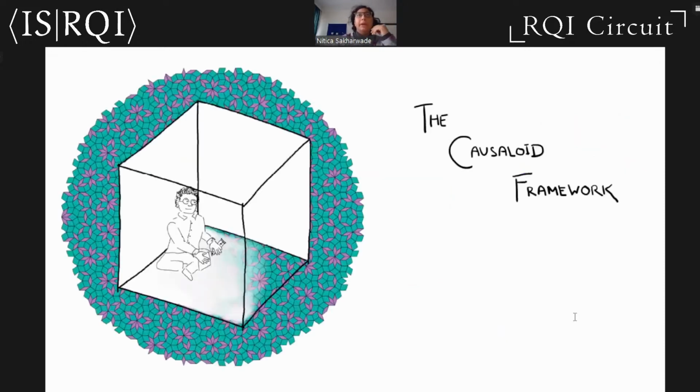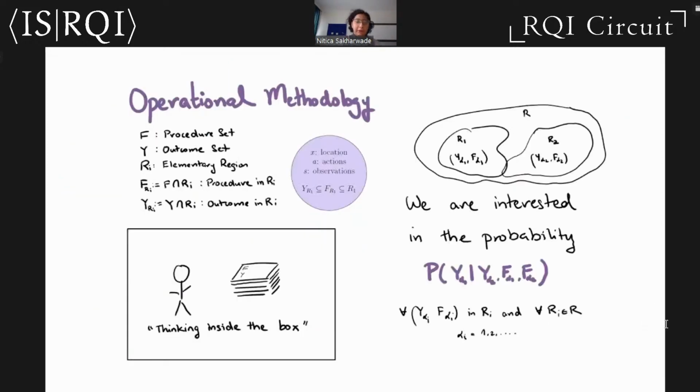Okay. So what is the Causaloid framework in a nutshell? It's a framework where we are centering operational methodology. So what we have is that we assume something very big. We assume that we have all the logical possible data that you can have in whatever you're studying, let's say the universe, but maybe let's start with something smaller, which might be a smaller region, your laboratory, for example.